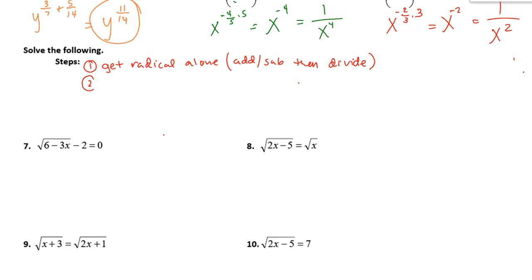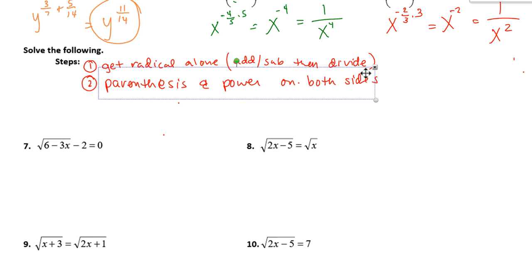Okay, then you put parentheses and a power on both sides. And this power is going to be the same as the number on the shelf, because that will cancel.